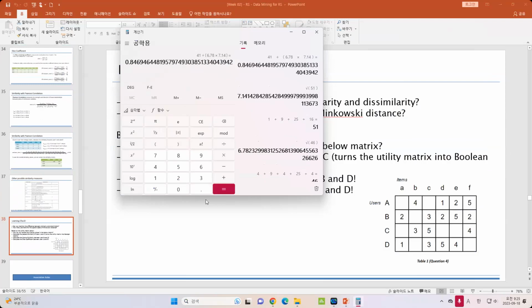Oh, maybe this is because I made the value a little bit different. I have to write it as 0.845.